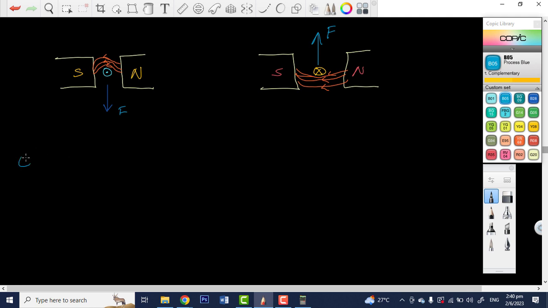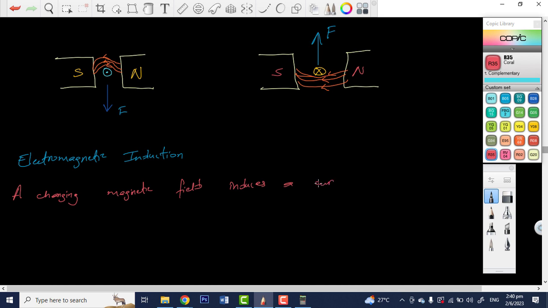Electromagnetic induction. Right? Electromagnetic induction. Alright? So with electromagnetic induction, what we see is that change in magnetic field induces a current.